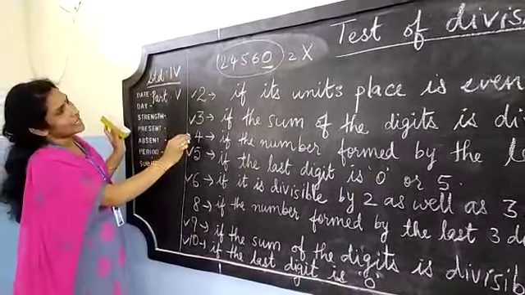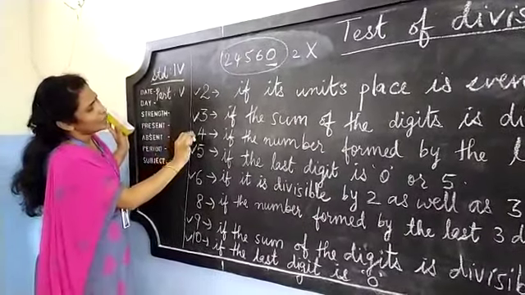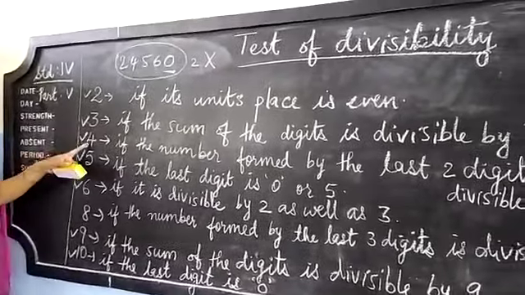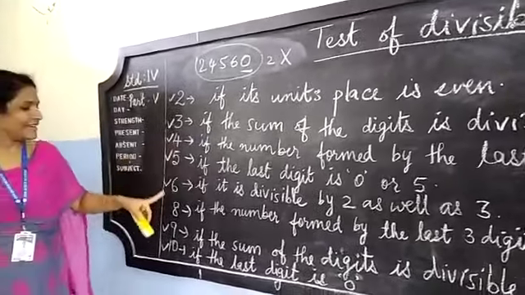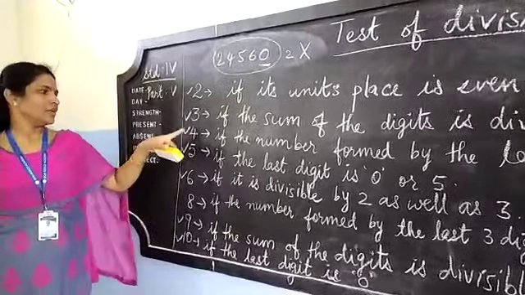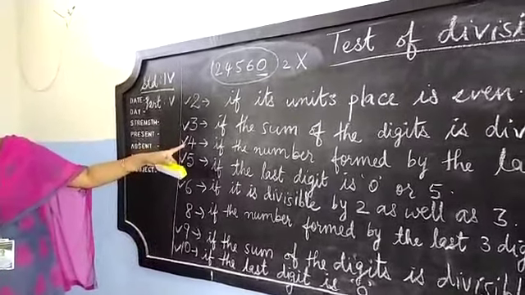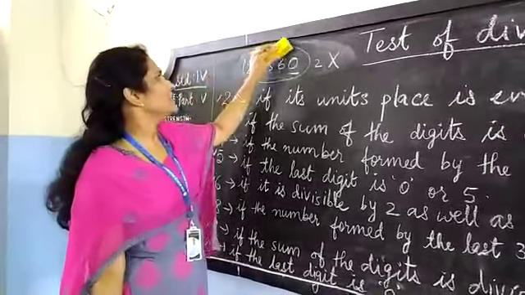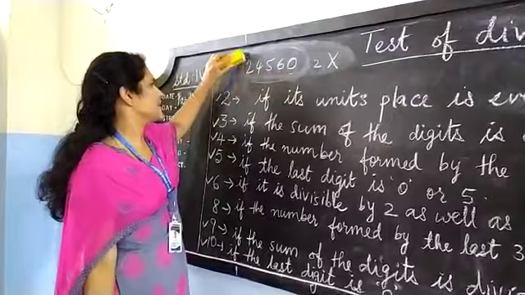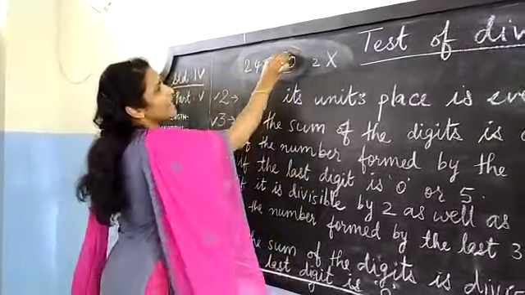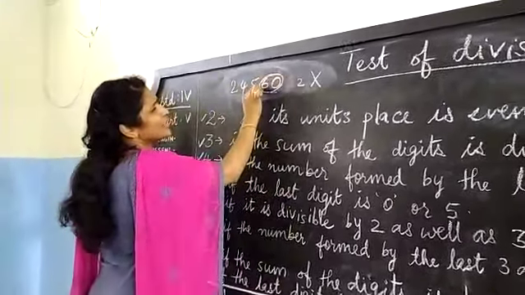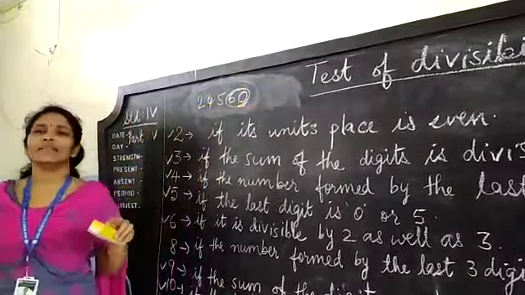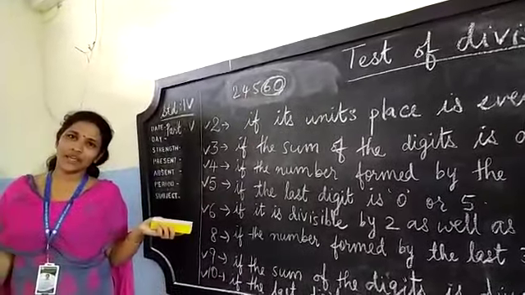Now next, how can we find out whether a number is divisible by 4? 4 and 8 are seen in the same way. If the number made by the last 2 digits is divisible by 4, that number is divisible by 4.